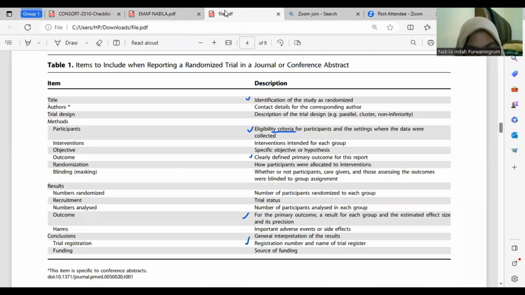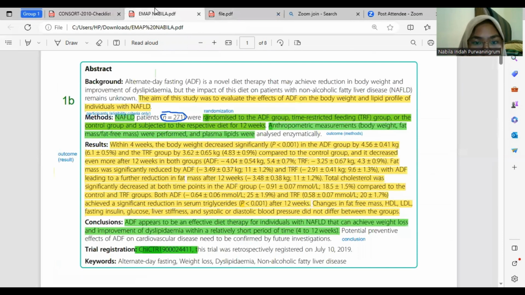Okay, then we jump into the methods. We are going to identify the participants, intervention, objective, outcome, randomization, and blinding. The participant is the eligibility criteria for the participants and the settings where the data were collected. We can see here that the condition is NAFLD, non-alcoholic fatty liver disease.